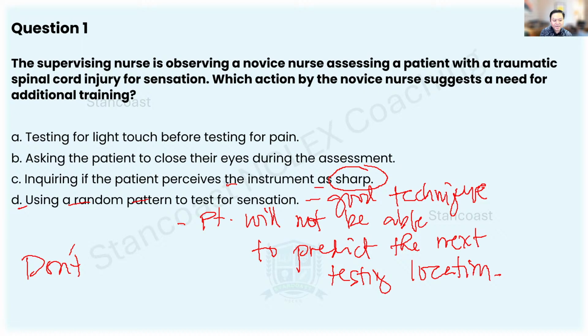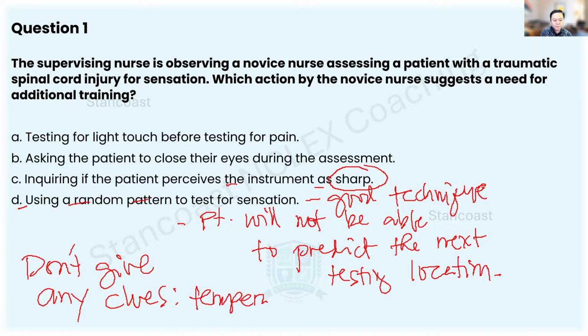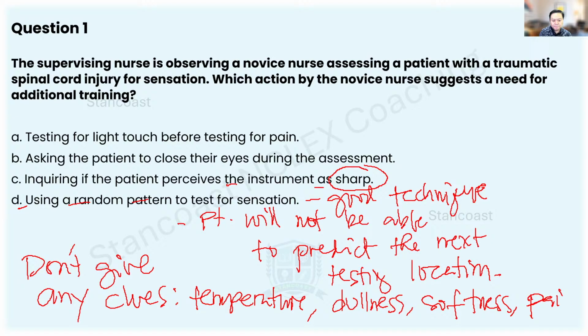Writing down here, don't give any clues as far as the temperature, the dullness of the object that you are applying, or the softness, or the sensation of pain. Do not give them the clue.